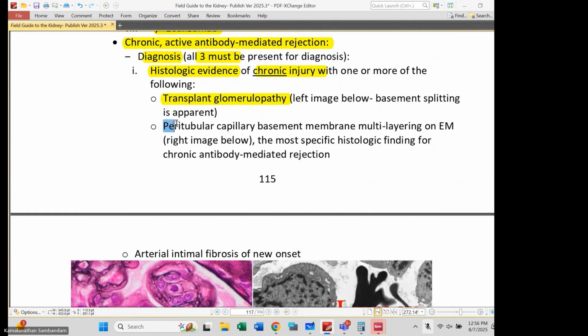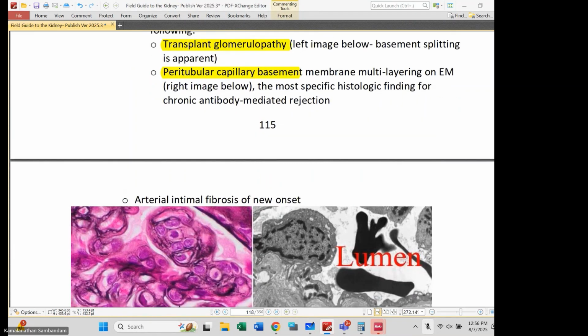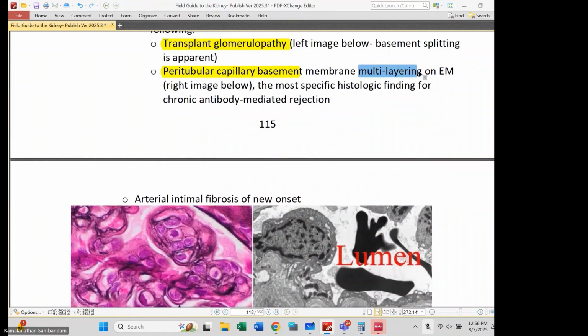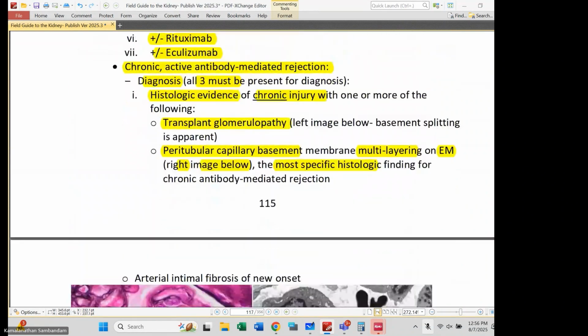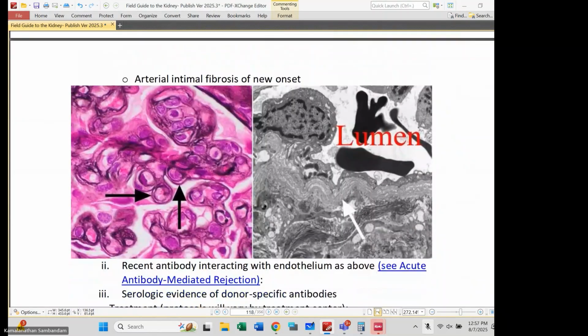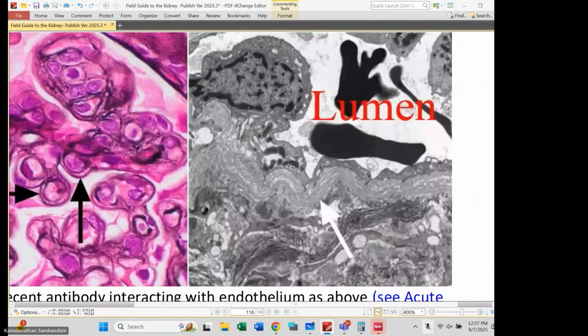The other histologic evidence that you're looking for, peritubular capillary basement membrane multi-layering. It's an EM finding, okay? This is your most specific finding for chronic AMR, okay? Remember, this is in the peritubular capillaries, not in your glomerular capillaries, although you can often see similar GBM alterations in glomerular capillaries. This is peritubular capillaries, right?